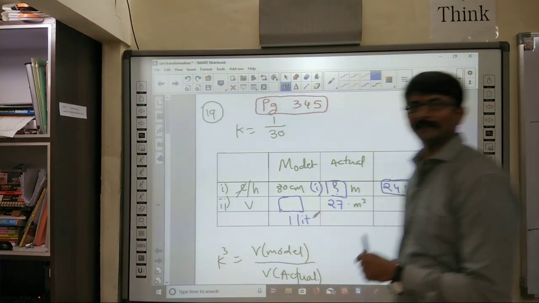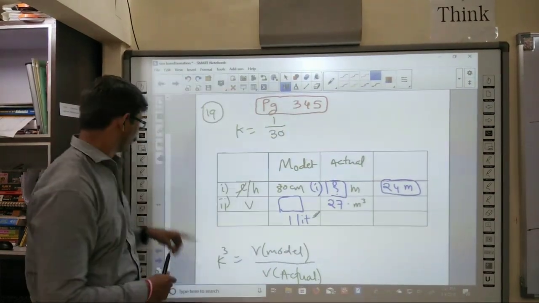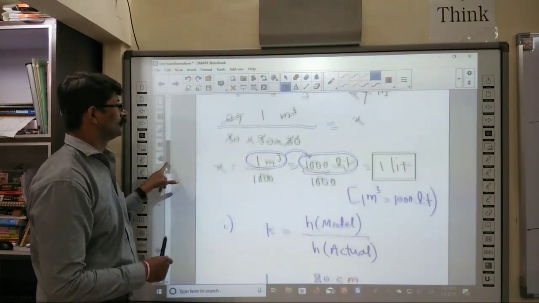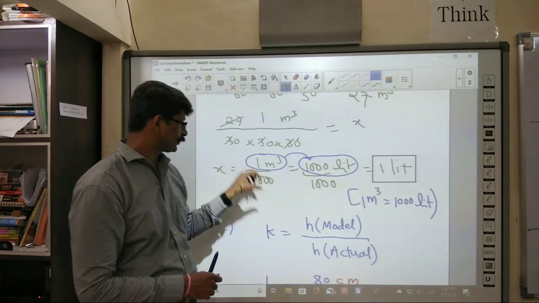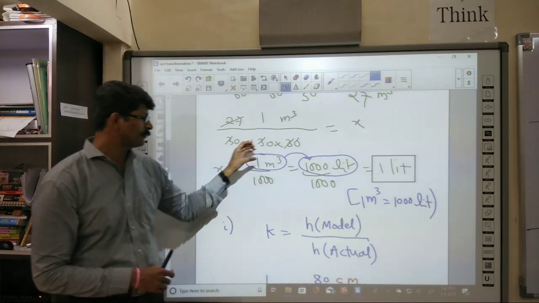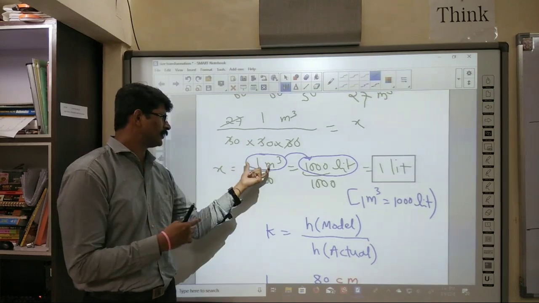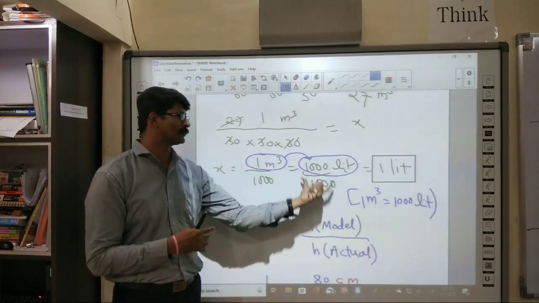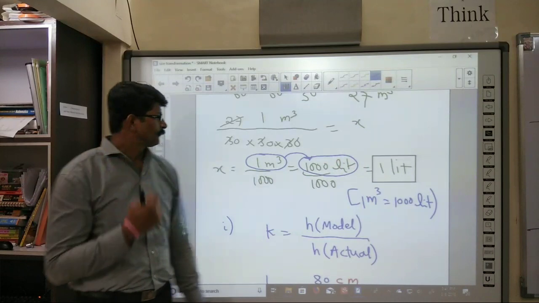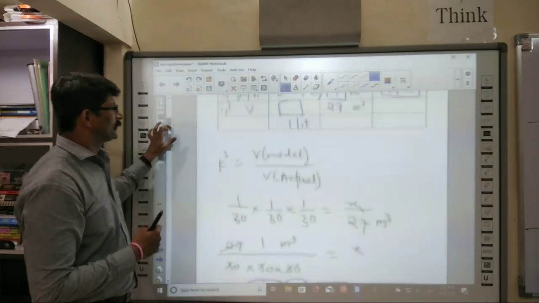Someone is asking the doubt: can we keep the answer as 1 meter cube upon 1000 liter? You can leave your answer as 1 meter cube upon 1000, but we know the conversion of 1 meter cube, which is 1000 liters, so it is always preferred this way. I hope that's fine with you all.